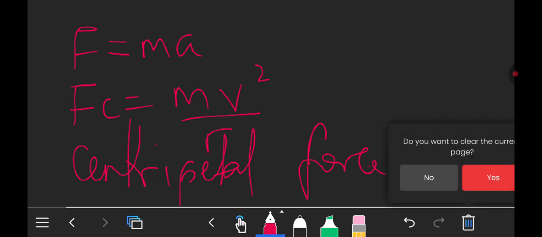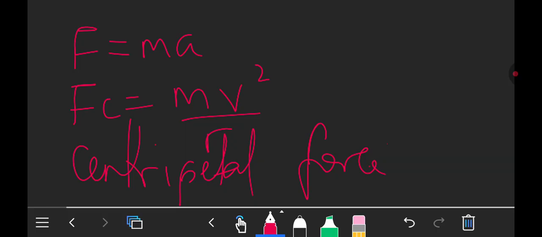But what if we're dealing with acceleration? We've said that acceleration is given by force over mass, right? That is under linear motion. But what is the centripetal acceleration?